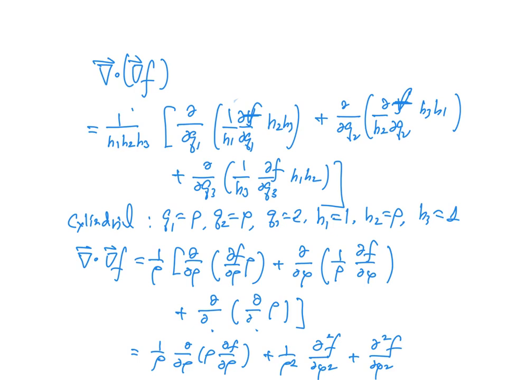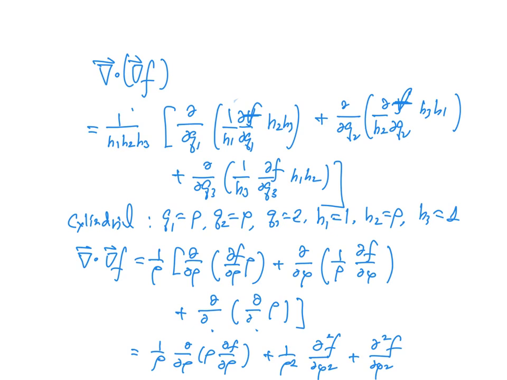So cylindrical coordinate. Okay, Q1 is rho, Q2 is phi. I think I'm really going fast. See, H1 is 1, H2 is rho, H3 is 1. So divergence of gradient of F is 1 over rho, partial rho, partial, H1 is 1, so partial rho, right?